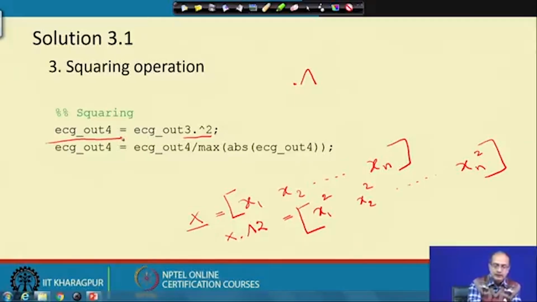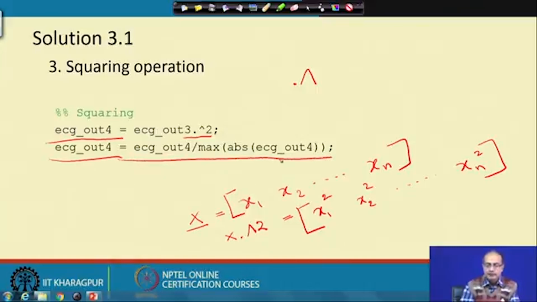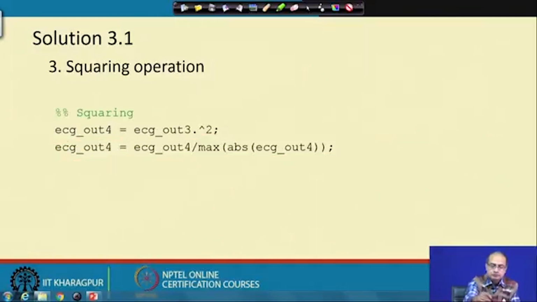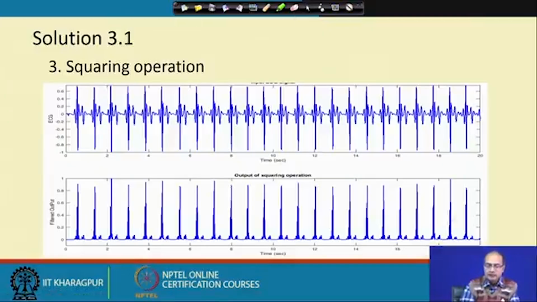And again we normalize it, so that the things are within the bound. So, we normalize it again with the maximum value. Okay. So, after the normalization, let us see how the image looks like.